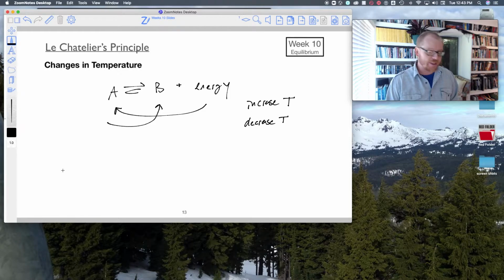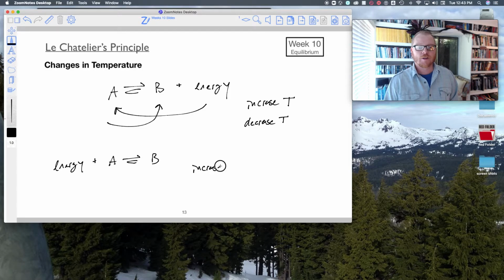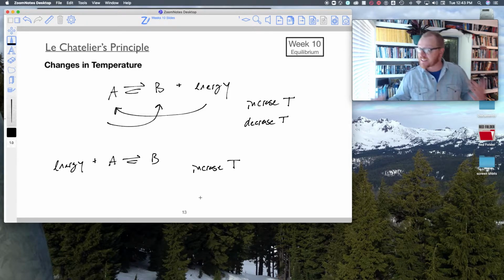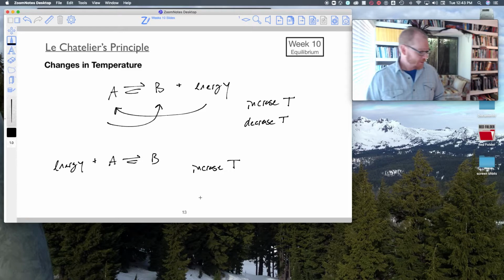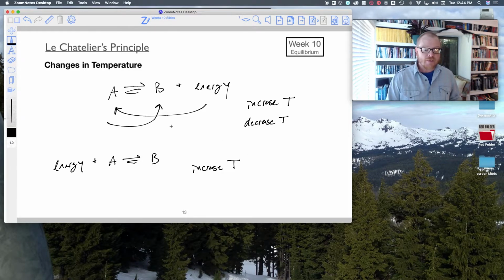And similarly, in an endothermic reaction, we know energy is a required reactant. So this is where if I have a high temperature, if I increase the temperature, I can actually drive this reaction to products, okay?